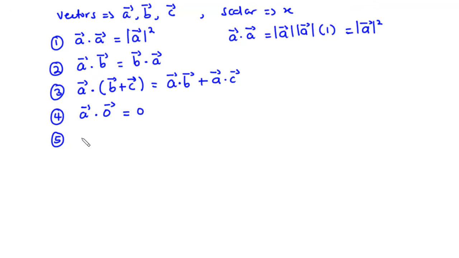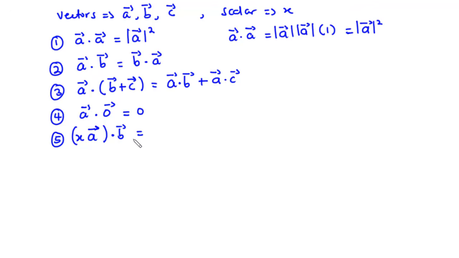5. If a vector A is multiplied by a scalar x, then the dot product of xA and B can be expressed as follows.